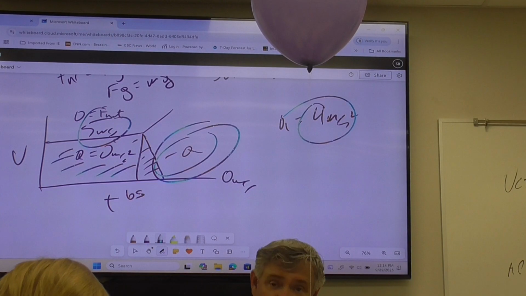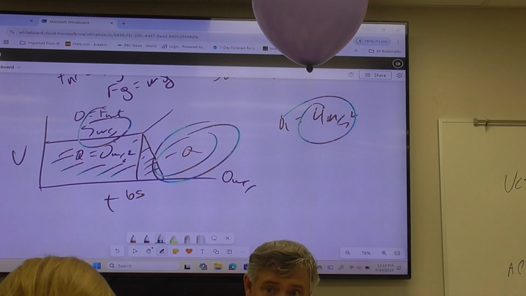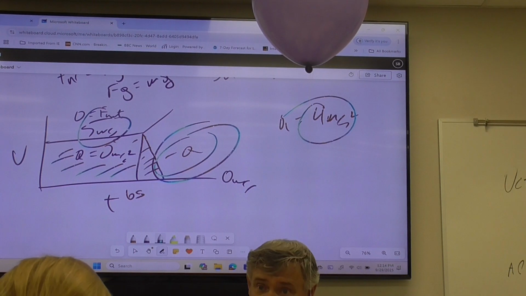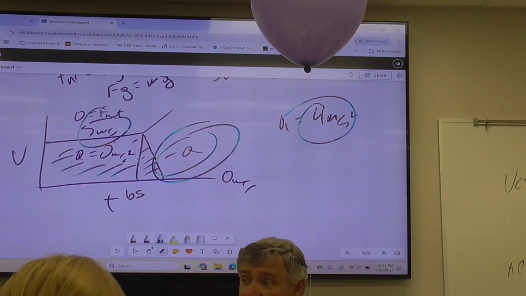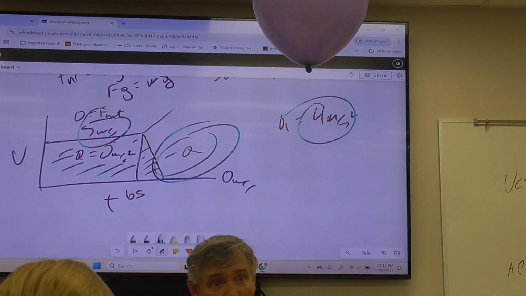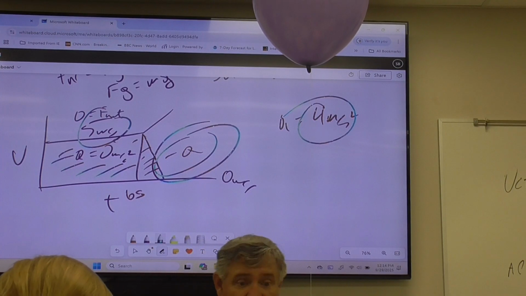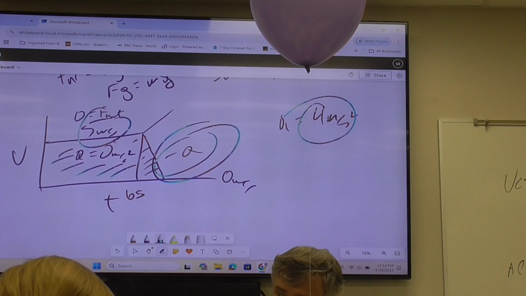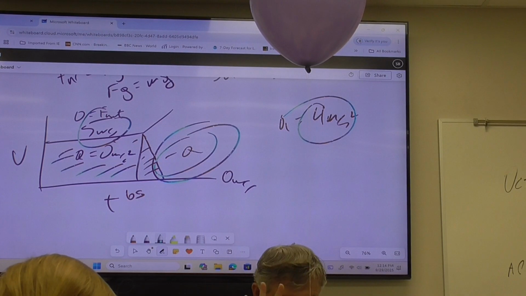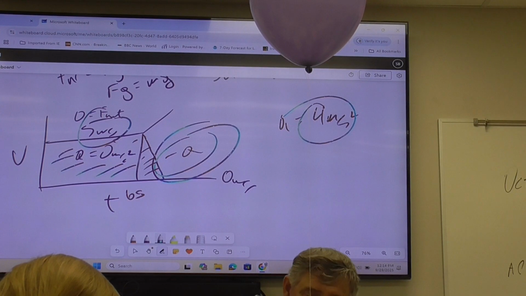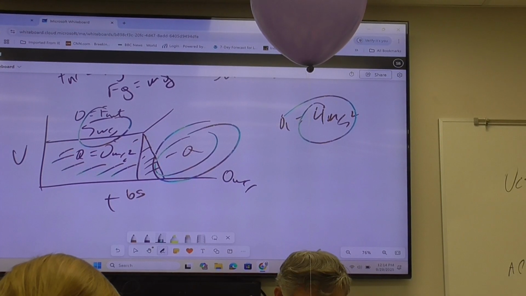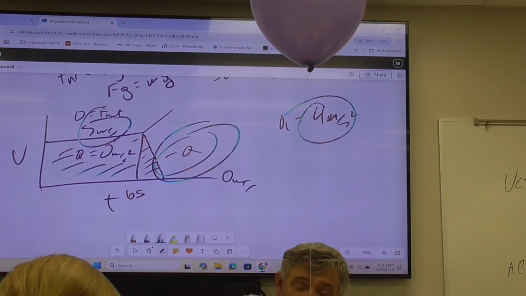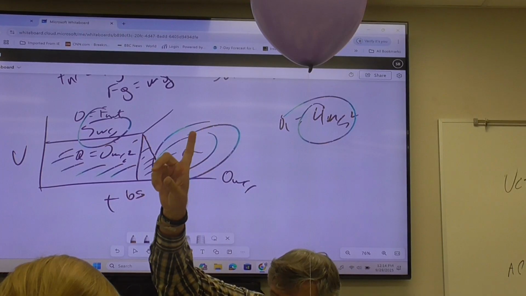Now, what does everything add up to at this point? 0, because is anything accelerating? No, okay? Since nothing's accelerating, I know all the forces still have to add up to 0. Now, here's what I want you to see when you draw your diagram on 4D. You should have 3 forces. One of them is acting down, which is your gravitational force. The force from the balloon obviously is acting up.